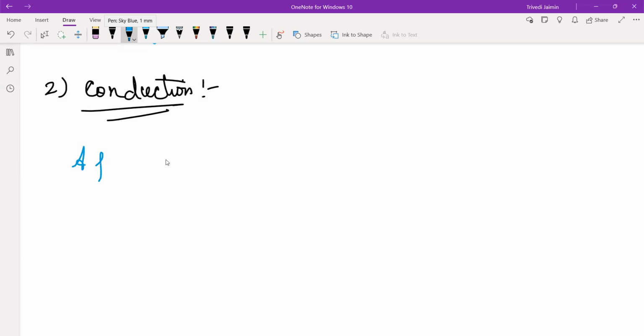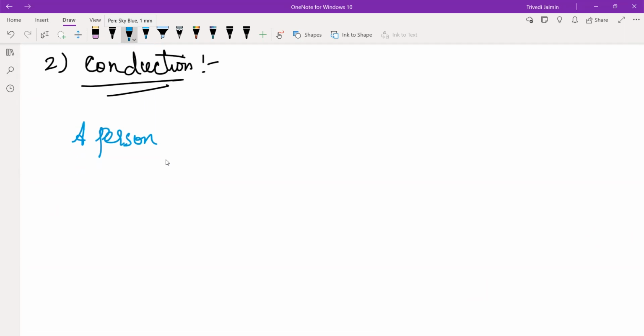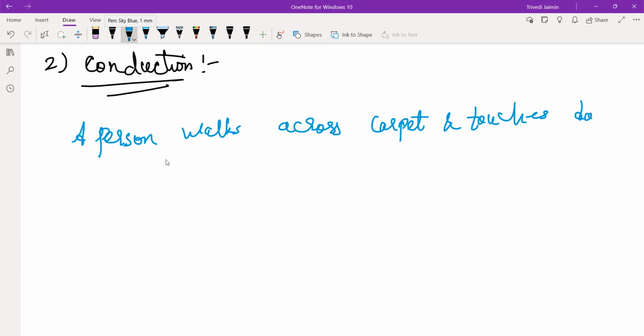What's the question here? A person, suppose you're walking on some carpet. Anyhow, everywhere there will be carpet. So a person walks across a carpet and touches the doorknob.